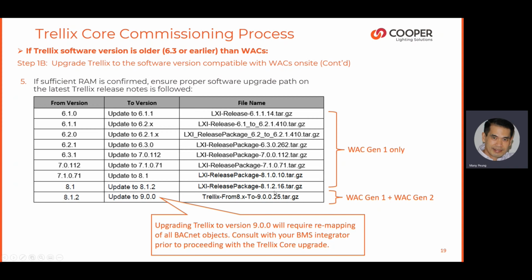Make sure you consult with your BMS integrator before you proceed with the Trellix core upgrade. Because if the site has already been commissioned and the BACnet integrator has already mapped all the objects on site, and now you upgrade to the latest version 9.00.25, that means you will need to bring the BACnet integrator back to site in order to remap all the objects, and that will involve some cost.